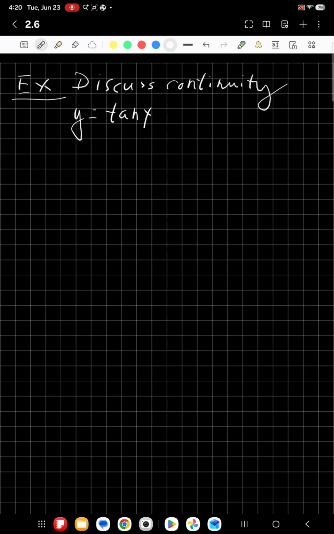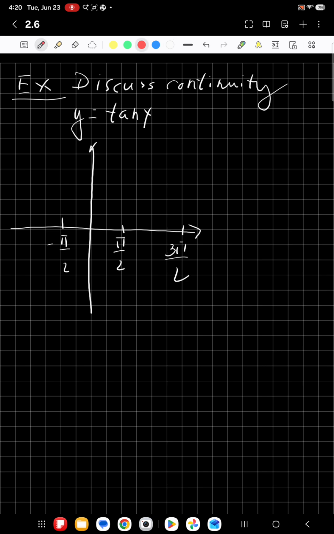And we've already looked at the graph of it. So I'm just going to sketch it. So negative pi over 2, pi over 2, and then 3 pi over 2. Okay, so we have those vertical asymptotes here. So obviously the function is going to be discontinuous, but we need to figure out which condition it will fail.